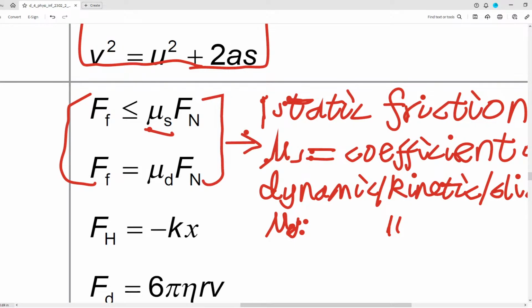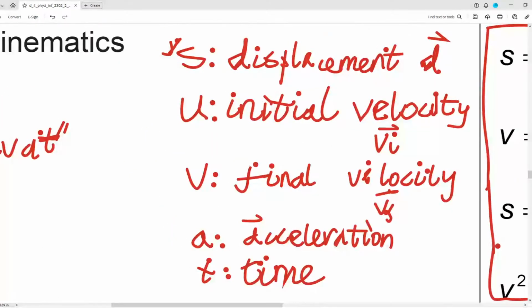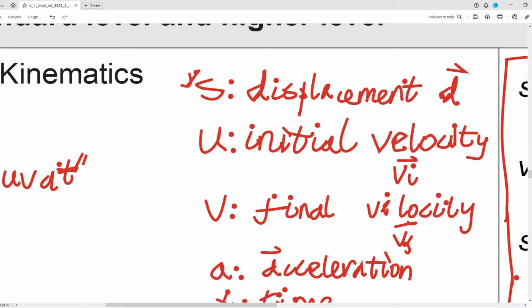All right, it's important to note, I'll write a slide over here for review. Friction is always opposite motion, so you can say it's almost always negative. These are vectors. I guess I should also mention these four are vectors, so you have to be careful with direction.